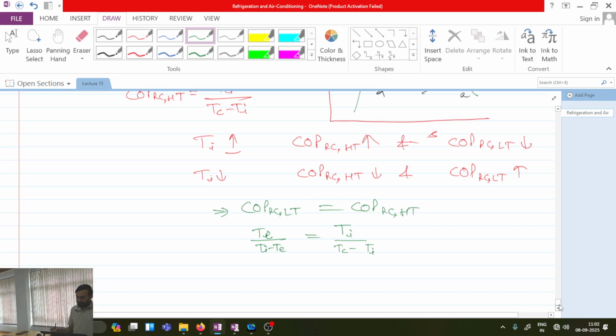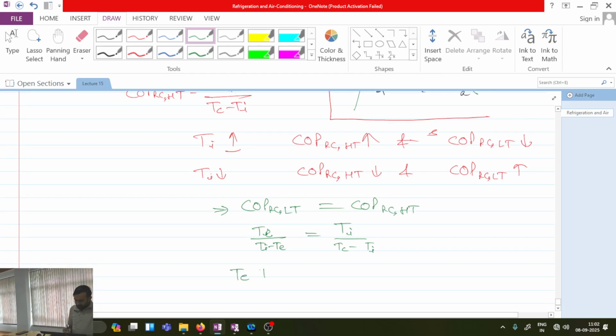Please calculate what you will be getting. TeTc minus TeTi equals Ti square minus TeTi. TeTi will cancel and for the intermediate temperature you will be getting Ti square equals Te into Tc.